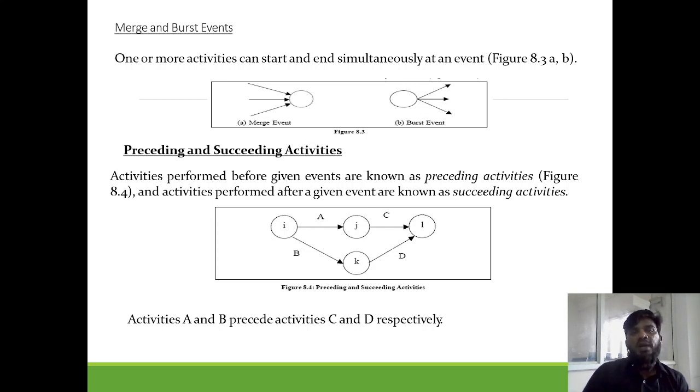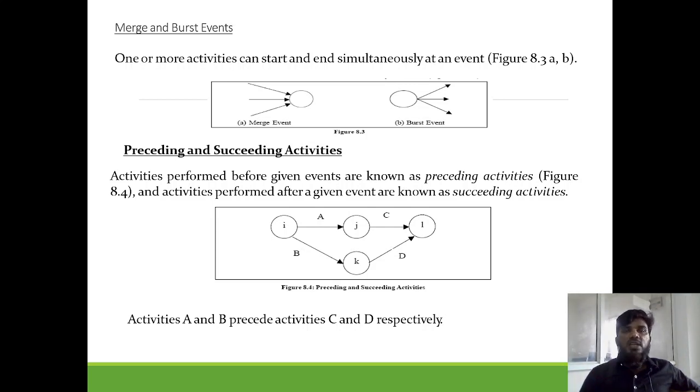So n number of activities are involved in your event. Unless all of these are completed together, you cannot start. That type of event, where more than 2 events are coming together, without which you cannot start, is called a merge event.